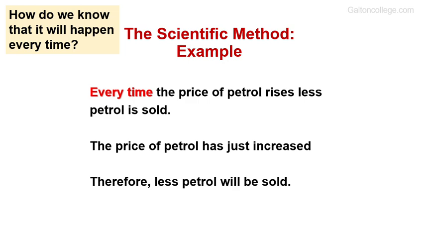The trouble is, how do we know it'll happen every time? That's the problem. How do we know it'll happen the next time? We can't see the future. We are now into the area of something called the inductive method.